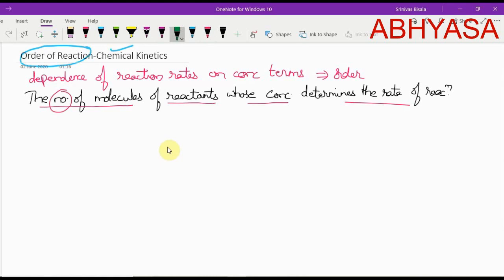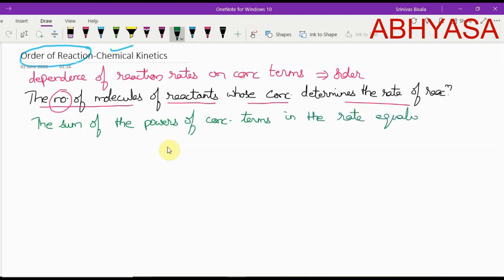And we can also define this order in this particular way. This is the definition which you are going to write for your board examination. It is defined as the sum of the powers of concentration terms in the rate equation.